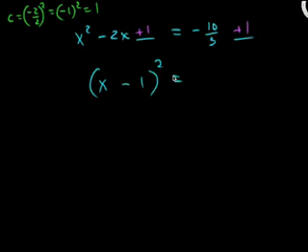Equals, and let's see, I've got a little bit of fraction work, but not terrible. So negative 10 thirds plus 1. I'd need a common denominator. Currently this is over 1, so I'd multiply by 3 over 3. And I'd have negative 10 thirds plus 3 thirds.